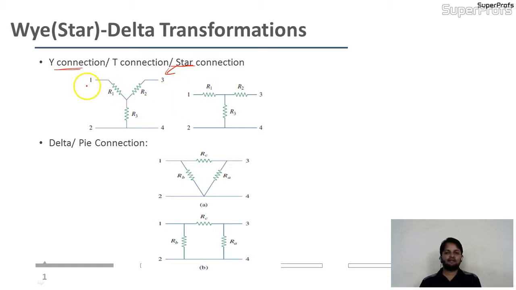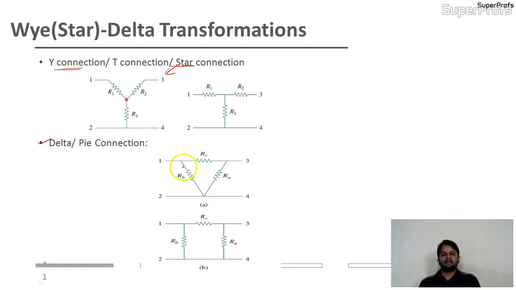Sometimes when you stretch resistors 1 and 3, it becomes the alphabet T, so we also call it the T connection. This is the structure: one common point for all and three different points. I can convert this star into delta, so we should understand the delta structure also.